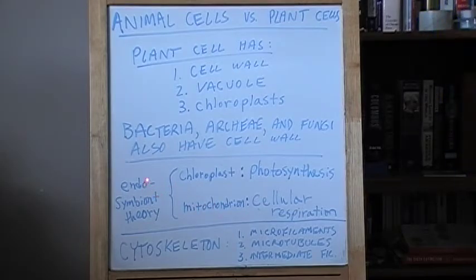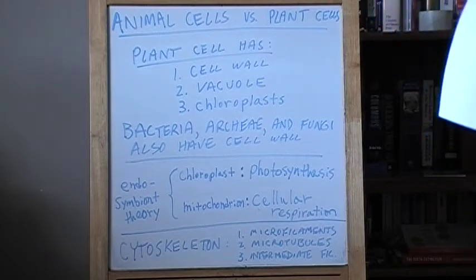And the evidence for the endosymbiont theory is, first of all, that the chloroplast and mitochondrion have their own DNA, unlike other organelles. And also, the mitochondria and chloroplasts have double membranes. So the idea is that the inner membrane came from the original bacterium, and the outer membrane is from the cell that engulfed them.